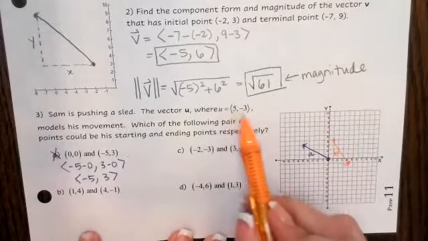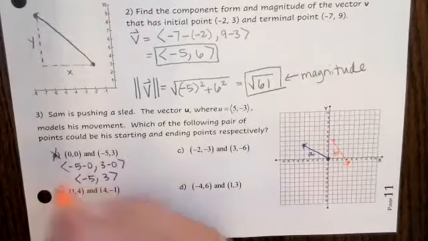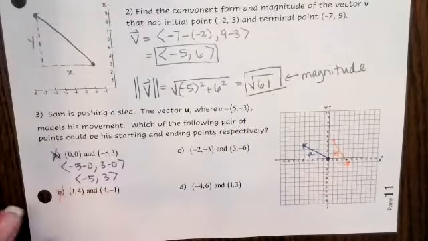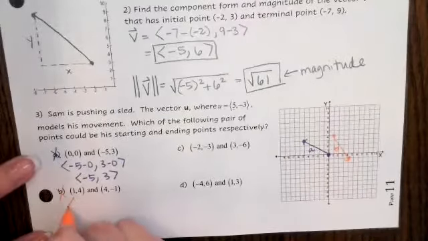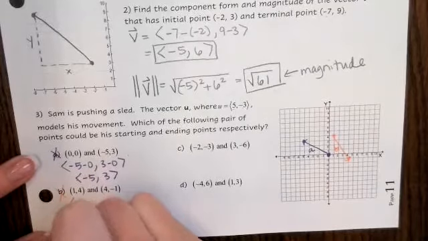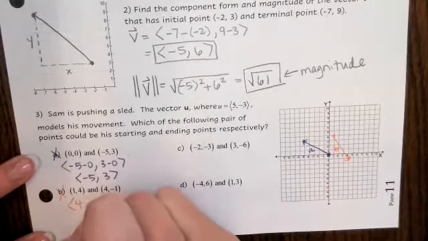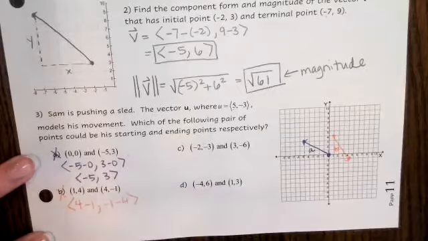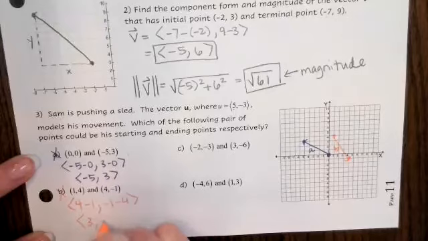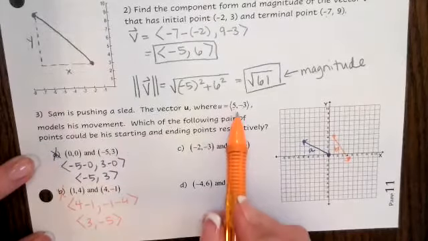Again, that does not match what we did here, so we know it's not going to be B. If I do that algebraically, I take 4 minus 1, comma, -1 minus 4, and that gives us <3, -5>, which again is not the same thing as this right here.